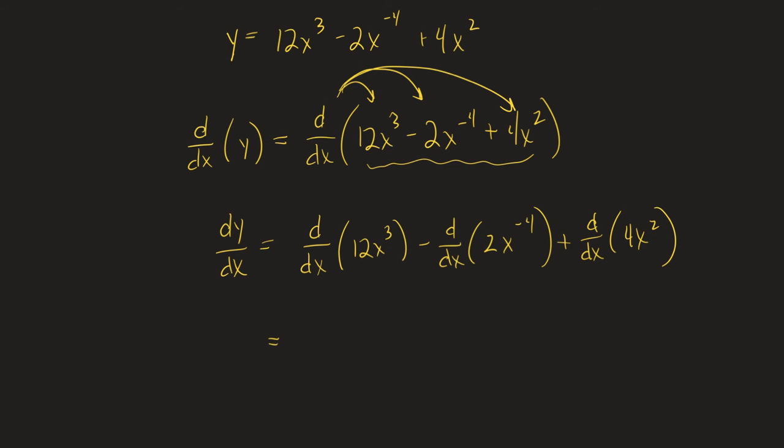All right, so bring out my coefficient first, 12, and then I'm going to act on my x cubed by bringing my 3 down and taking 1 away from the exponent. I'm kind of doing 2 steps at once. I brought the coefficient out, and then I applied the derivative to what was left inside. Same thing here, right? I'm going to bring my coefficient out, and apply my power rule. I'm subtracting 1 from the exponent, so in this case, I subtracted 1 from negative 4, and I got negative 5.